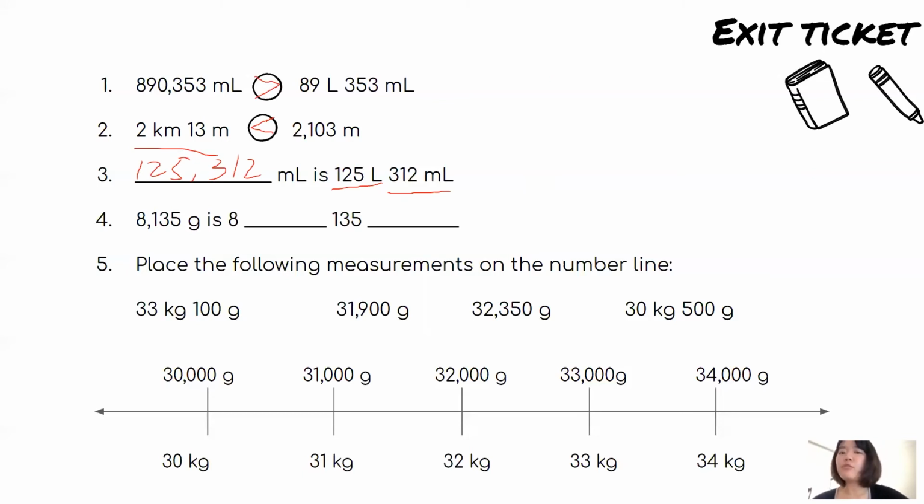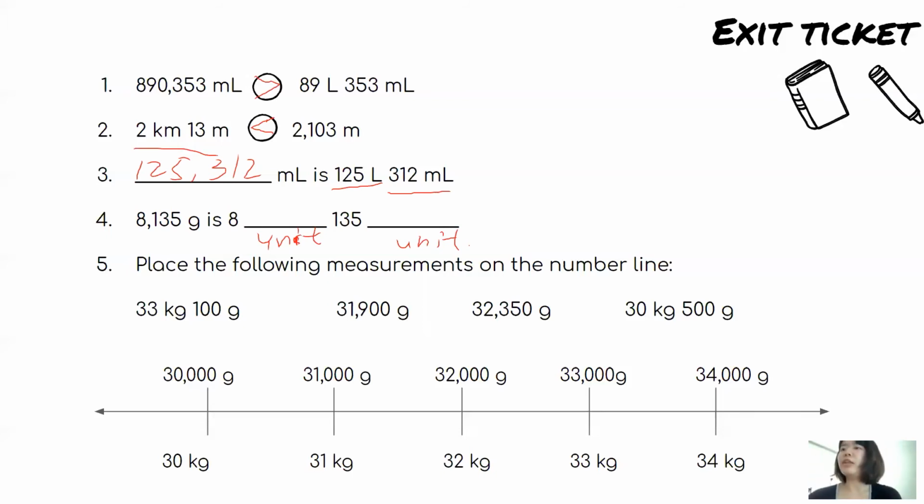Okay, and the fourth question, 8,135 grams is... and you should put units in right here. Which unit for 135, and what kind of unit for this one?